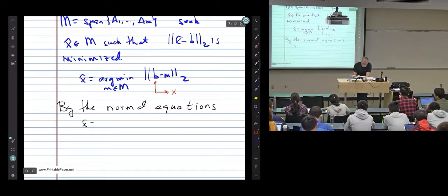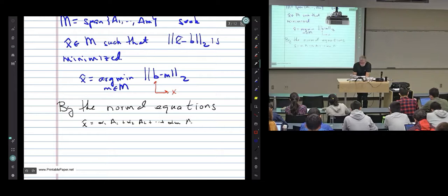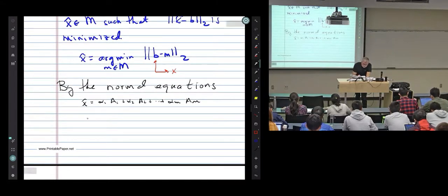We get X hat is alpha 1 A1 plus alpha 2 A2 through alpha M AM, and we have G transpose alpha equals beta.